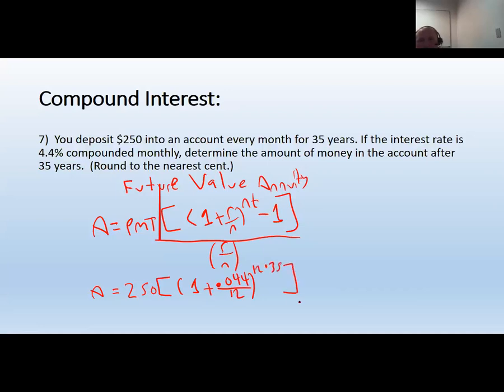Then we close off the bracket, put this over R, which is 0.044 over N, which is 12. And we just have to put this into the calculator. We don't need the reciprocal button. So this is going to be 250 times parentheses. And so you just want to put it into the calculator as it is.